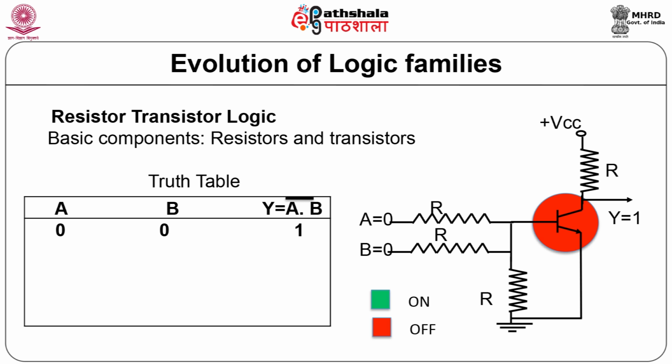When both A and B are 0 0, then the transistor will be off and output will be 1. When A is 0 and B is 1, the transistor will be off and output is logic 1.